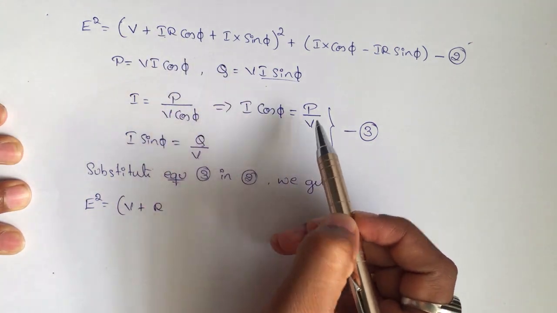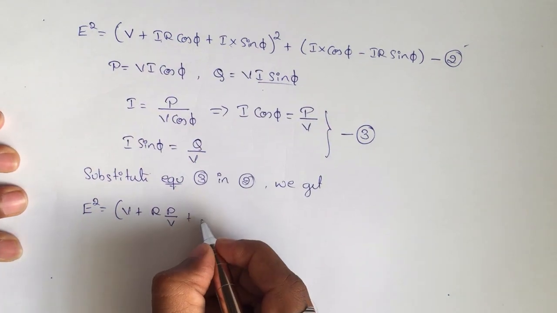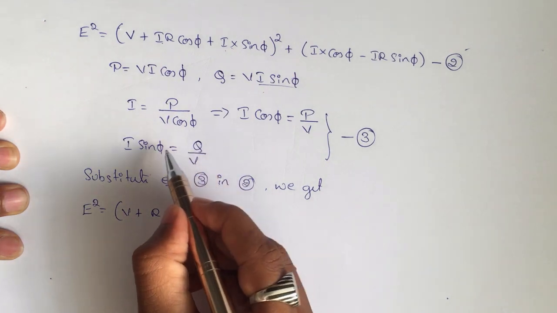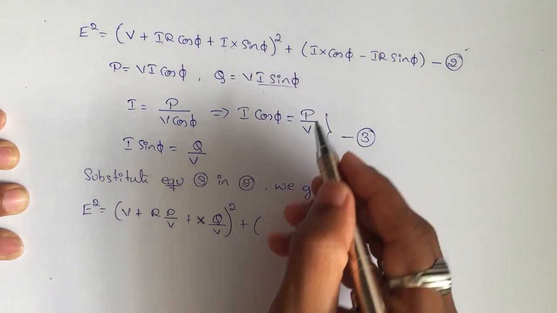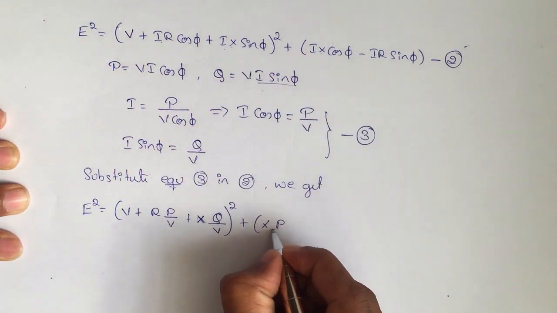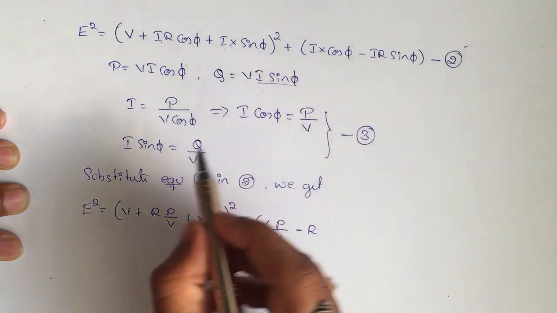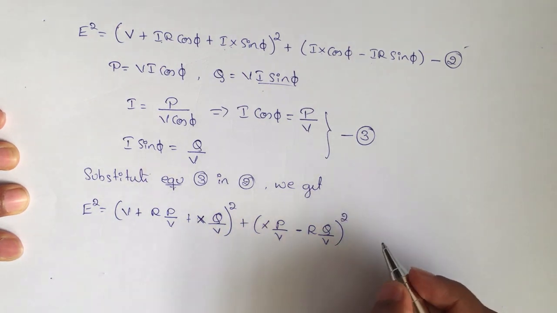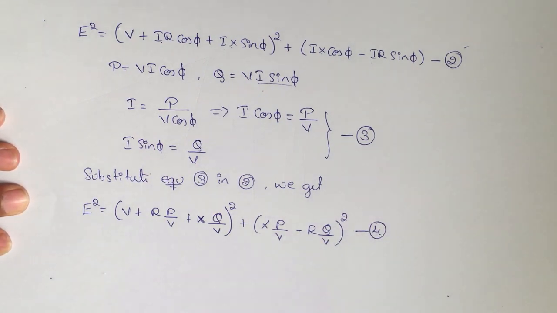Plus X as it is, I sin phi is nothing but Q divided by V, whole square, plus X as it is, I cos phi again P by V, minus R as it is, I sin phi as Q by V, whole square, marking it as equation number 4.